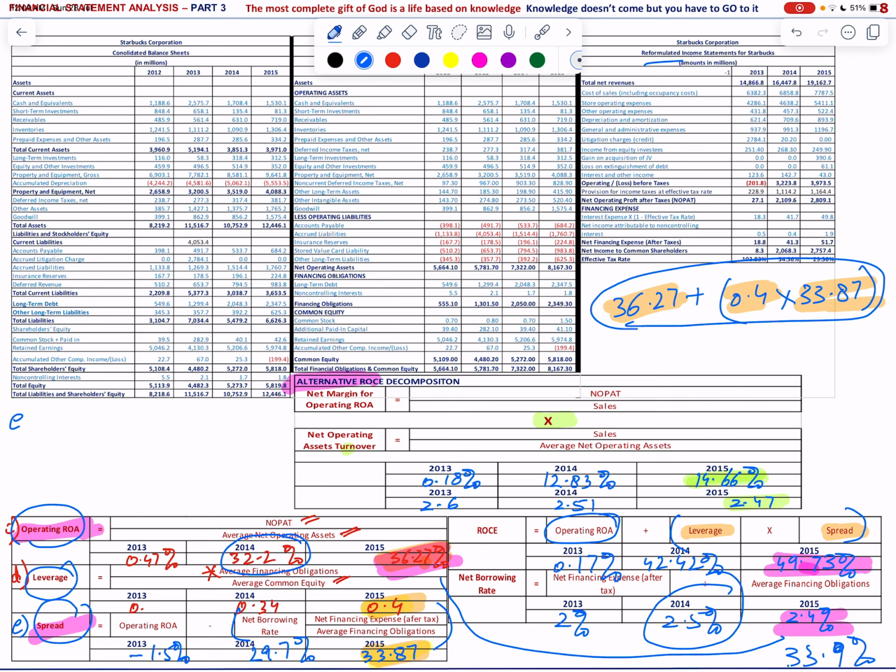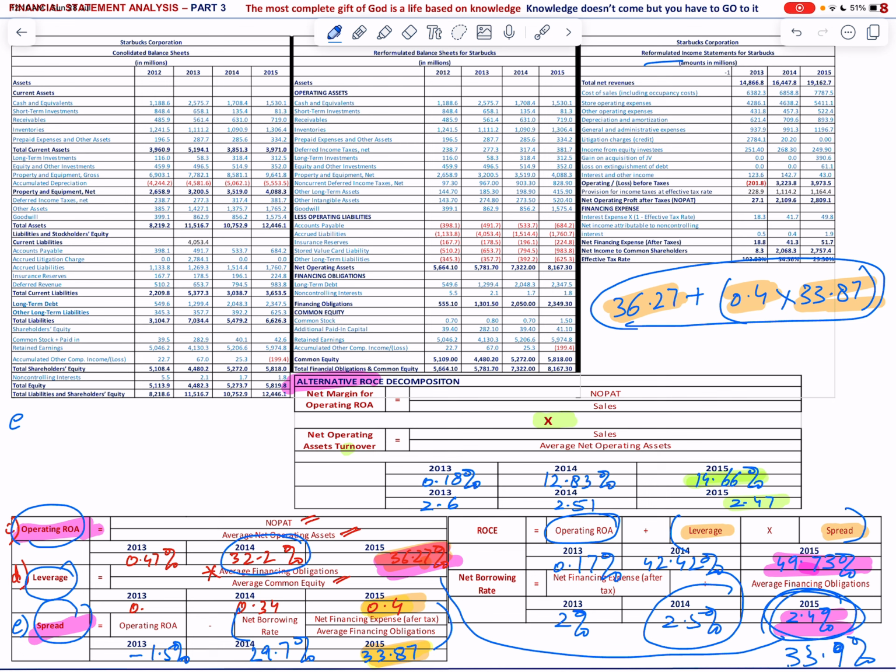This means that Starbucks has generated about 36% of after tax operating profit for every dollar borrowed and invested in operating assets, while paying only 2.4% in borrowing cost. This large spread indicates Starbucks' strong financial flexibility, showing that creditors are willing to lend to companies with high returns that exceed borrowing cost.